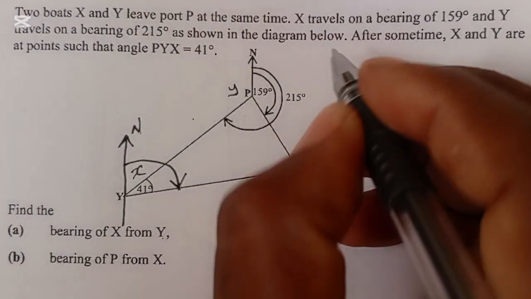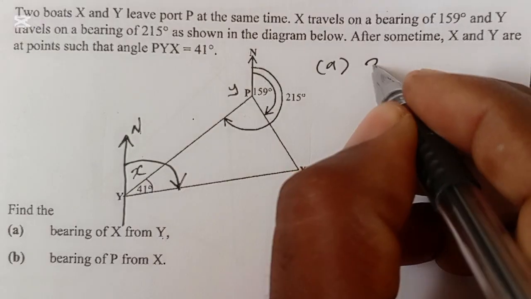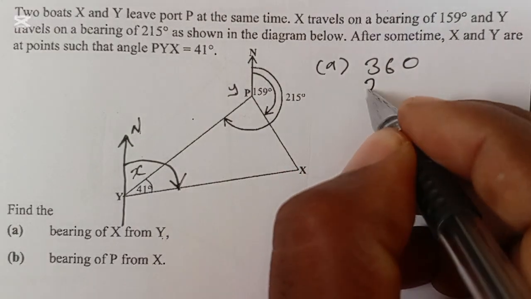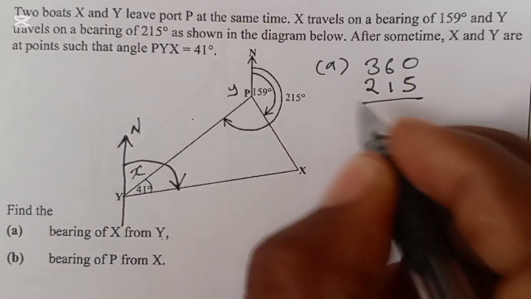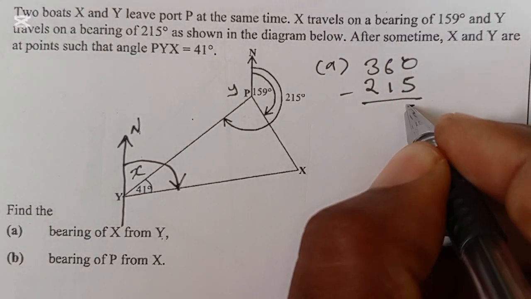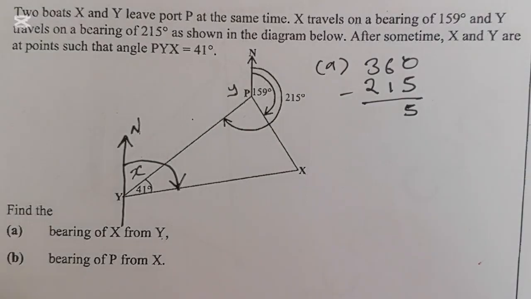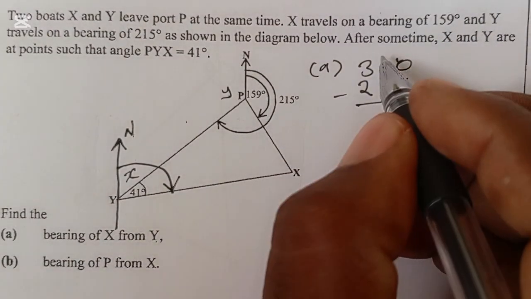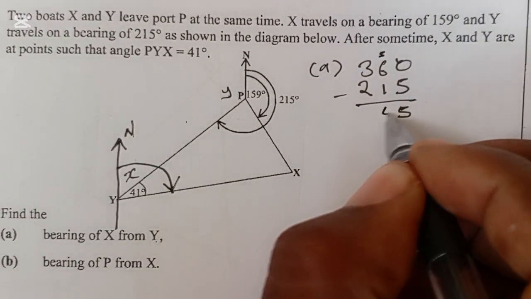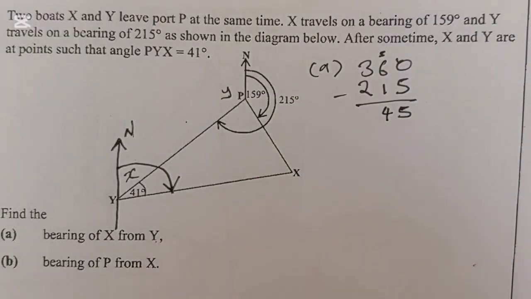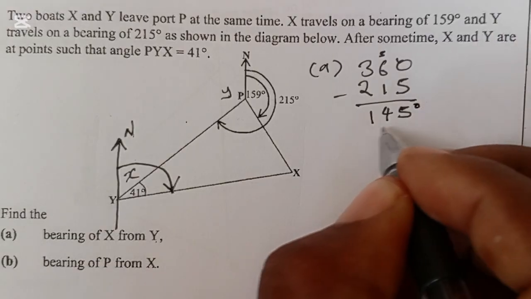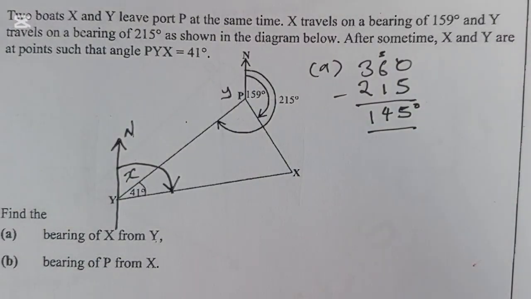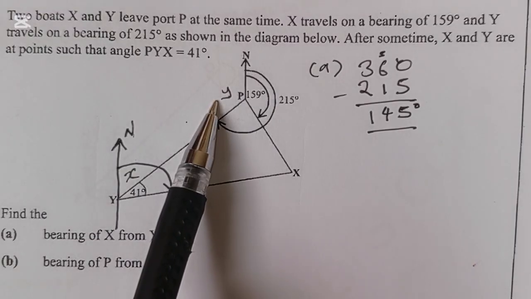So we can say 360 minus 215, which is 145. So angle y is 145.